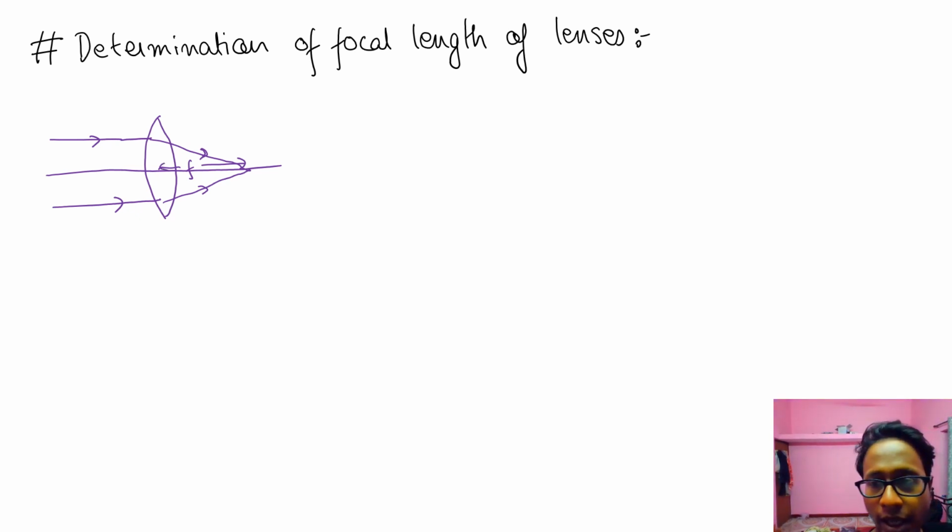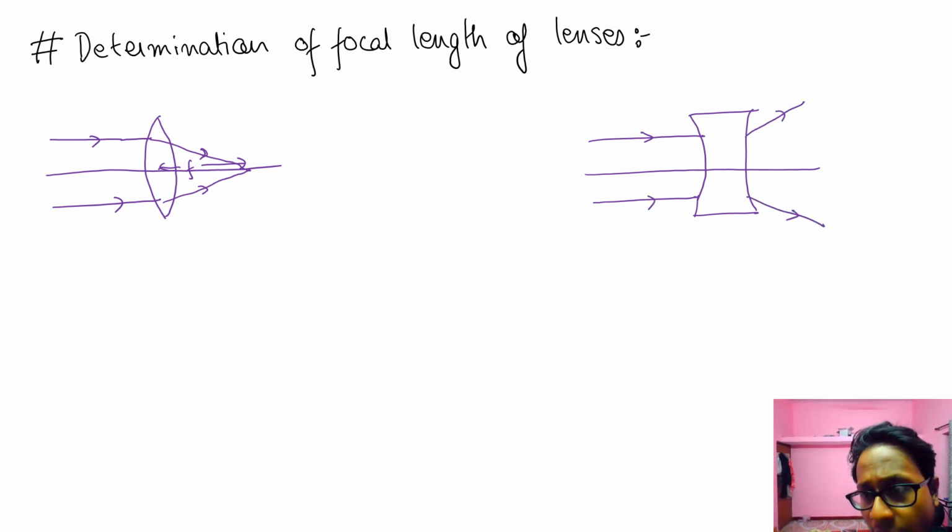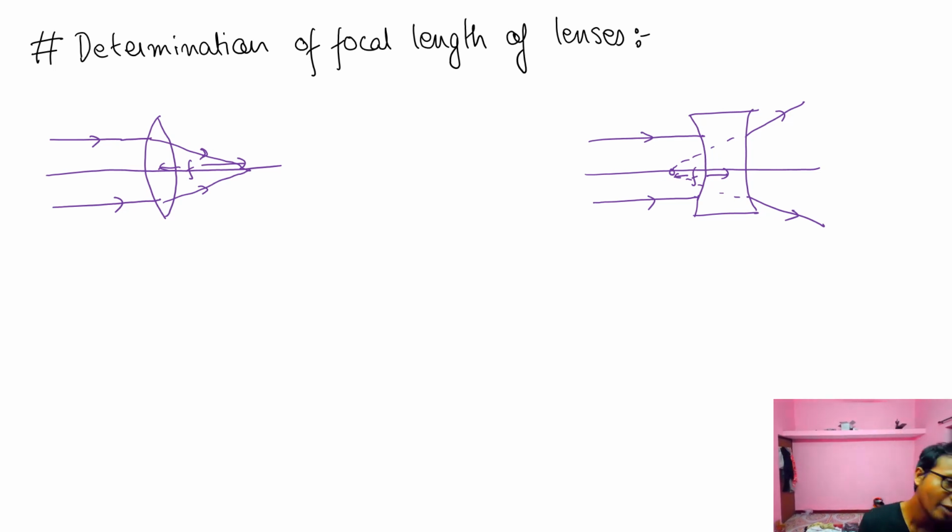Okay. And similarly for this kind of lens, rays coming from infinity would appear to converge at a point, and this length is nothing but the focal length. So how to derive the focal length?